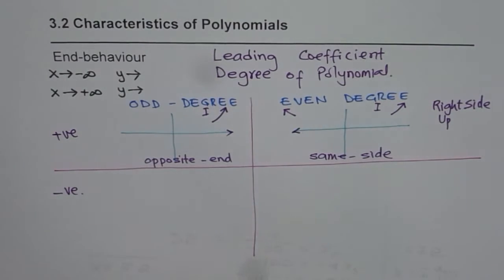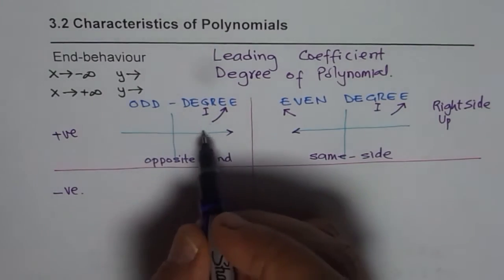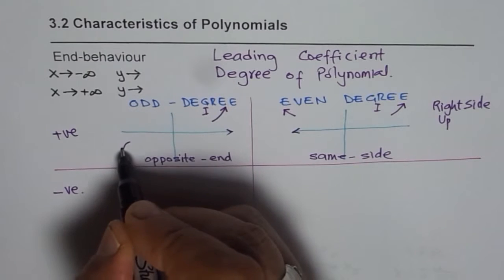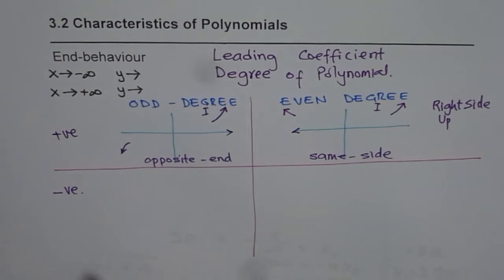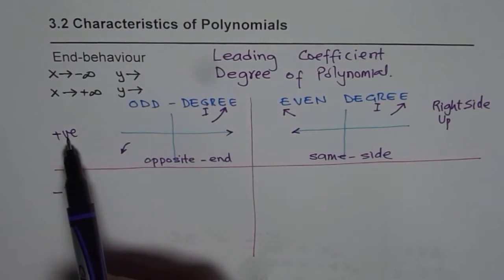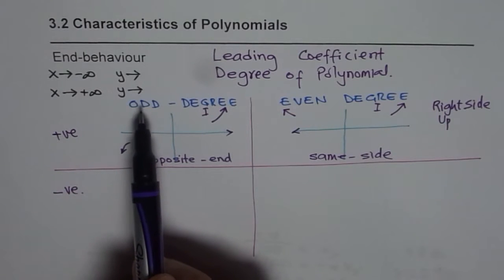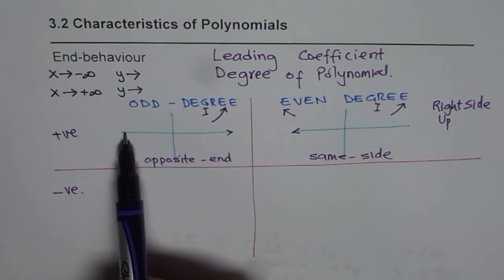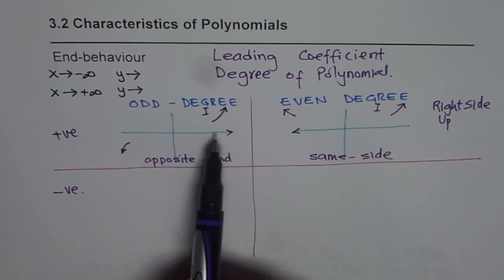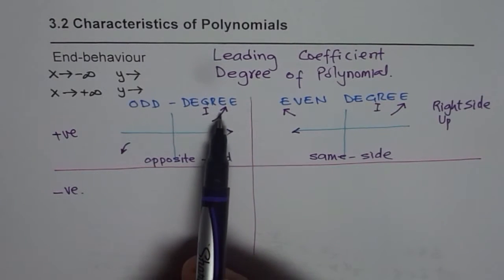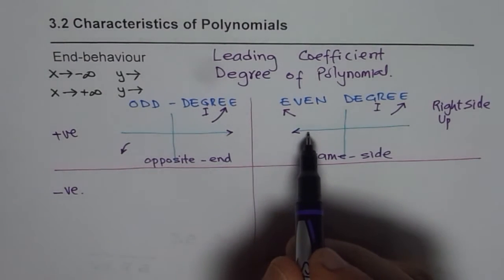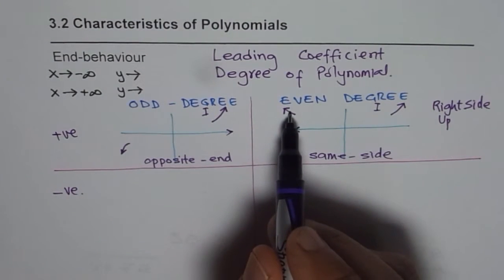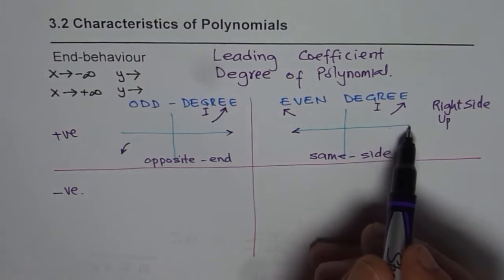Do you get it? Odd degree, opposite end means right side up, the other side is down. Opposite ends. That is the end behavior. Do you understand? If the leading coefficient is positive and degree is odd, when x approaches negative infinity, y approaches negative infinity, and when x approaches positive infinity, y approaches positive infinity. In the even case, when x approaches negative infinity, y approaches positive infinity, for both the sides, right?